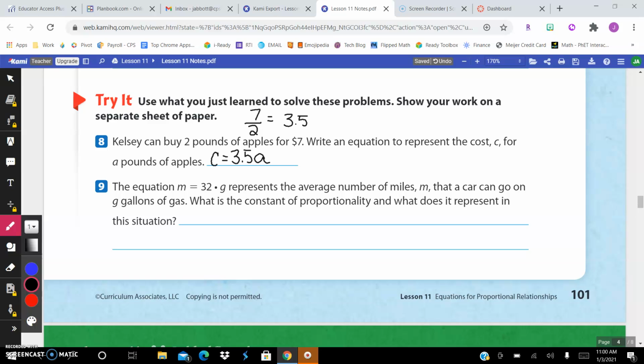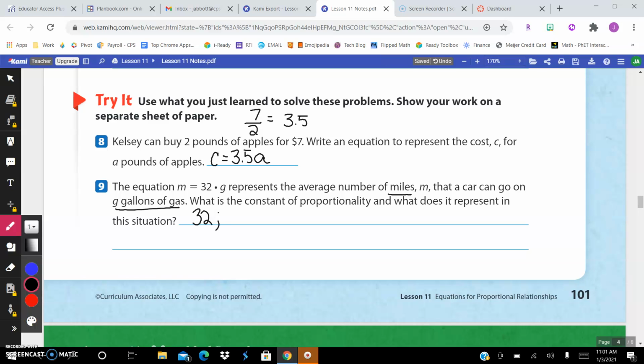And then our last one, the equation M equals 32 times G represents the average number of miles M that a car can go on G gallons of gas. So M is miles and G is gallons of gas. What is the constant of proportionality and what does it represent in this situation? Well, the constant of proportionality is 32. And what does it mean?